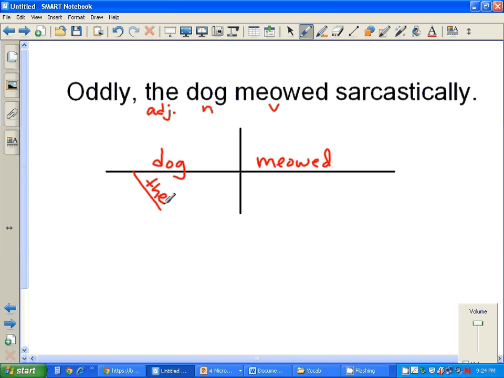So our step 4 is everything else is going to be some type of modifier. We know that already. And we have 2 ly words, so that's a hint that they're probably adverbs. And in this case, they really are. So what we have here are 2 adverbs that tell us how the dog meowed.